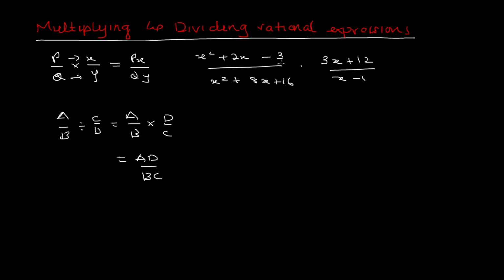So I start with this. Again, you have to be very good at factorization. Here, I know that the product is minus 3, the sum is plus 2. So I know it's 3 and 1, right? So here I have x minus 1, then I have x plus 3, like that. Then I come this side. I know that this is a square of factors.